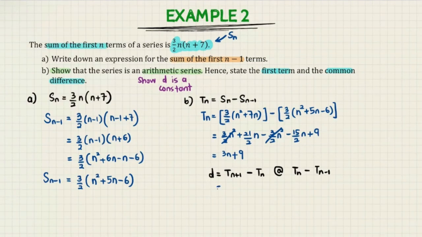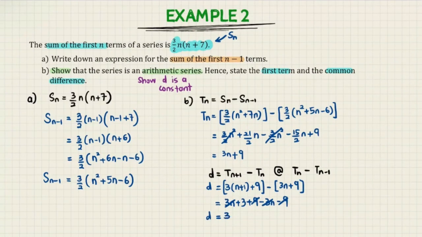Okay, so saya guna, let's say kalau saya guna yang Tn plus 1, so it will be 3(n plus 1) plus 9 minus (3n plus 9). Okay, so here I will get 3n plus 3 plus 9 minus 3n minus 9. So what can we have here? 3n tolak 3n dapat kosong. 9 tolak 9 dapat kosong. So that means our D is equals to 3.